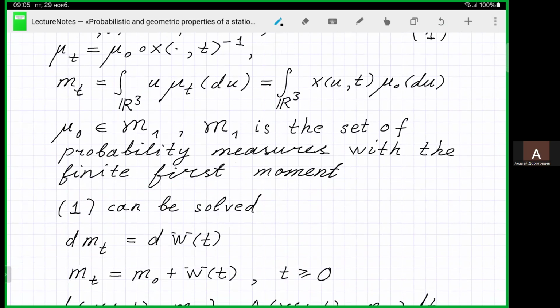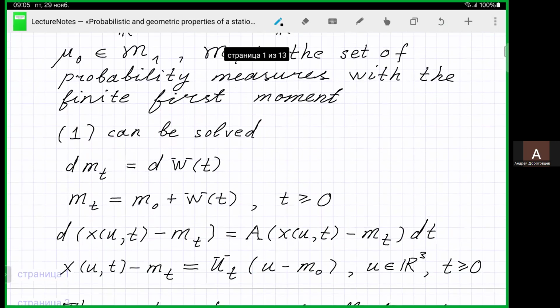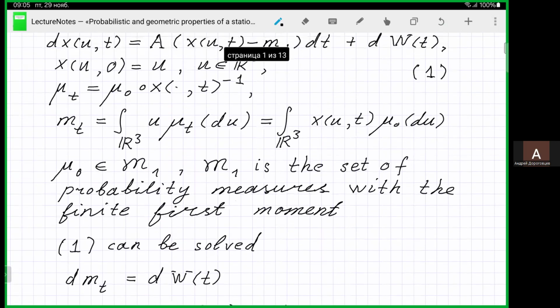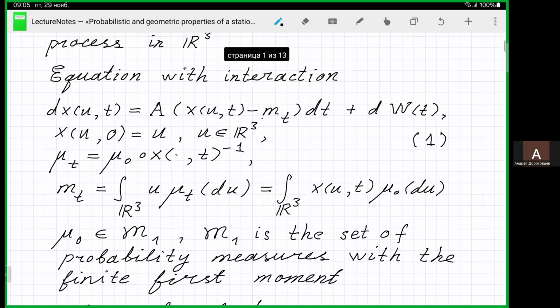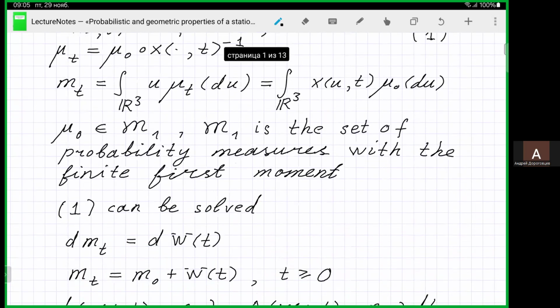This equation can be solved easily if we just integrate it over the measure mu_t, the right-hand side and left-hand side. Then we get the equation dM_t equals dW_t, from where one can conclude that the center of mass of our measure evolves according to the initial Wiener process.